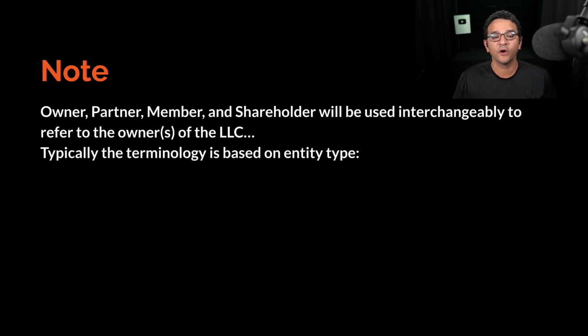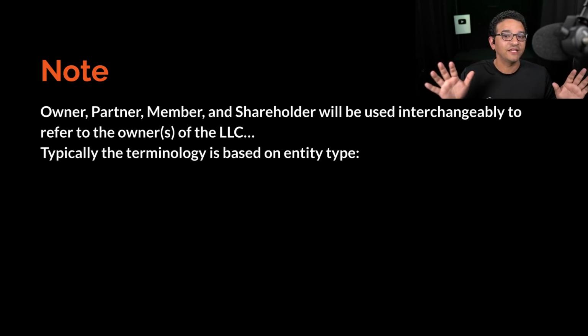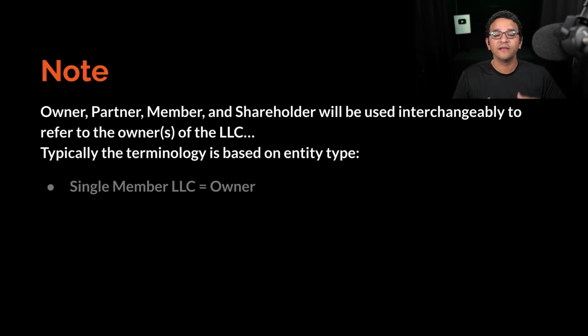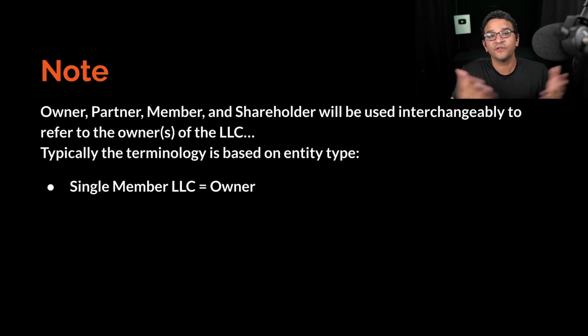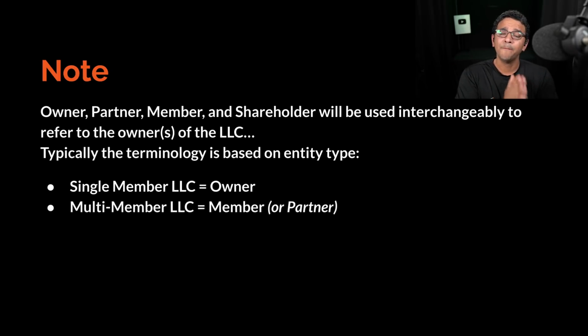Now, I want to make a quick note. You're going to hear me say the word owner, partner, member, or shareholder. I'm using all those things interchangeably. It all means an owner of the LLC. Now, the terminology is typically based on the entity type. A single member LLC is typically just called the owner. A multi-member LLC is typically called the member or the partner.